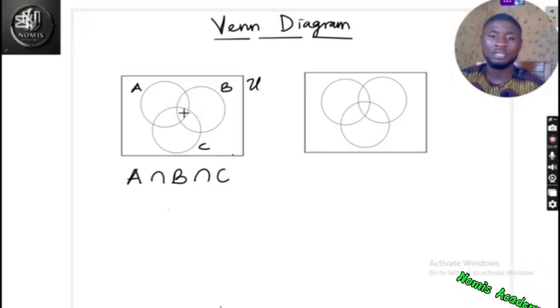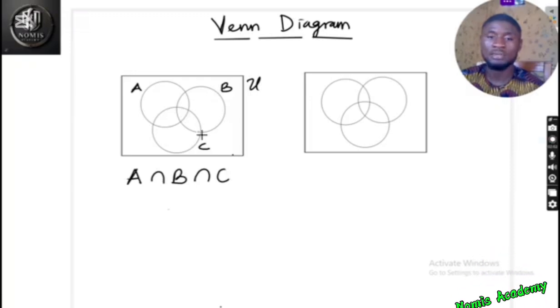And here, if you check, this is A intersect C. This particular part is A intersect C, so it does not include B. Whereas this one includes the three sets A, B, and C, and this is where they all intersect.